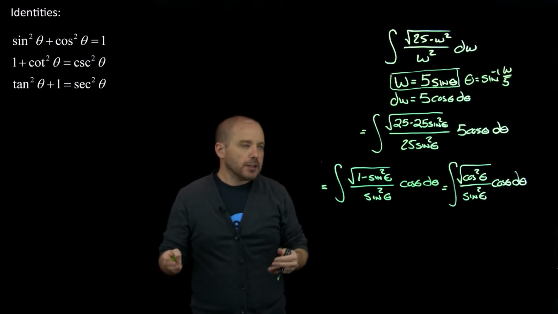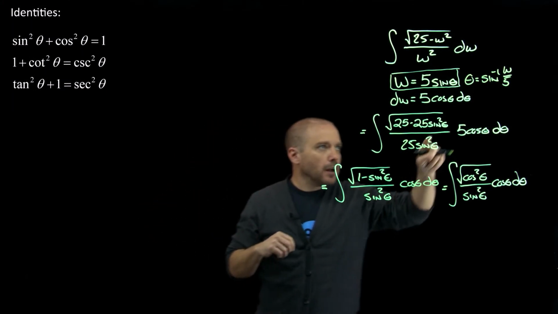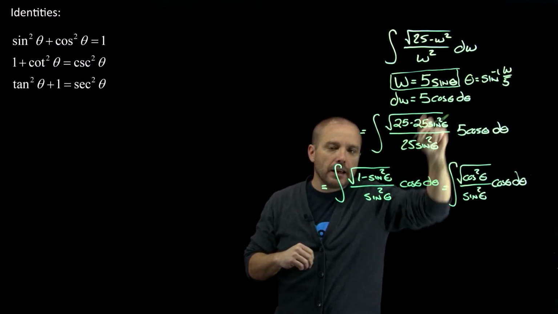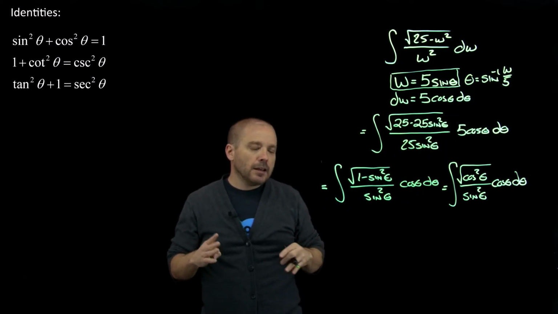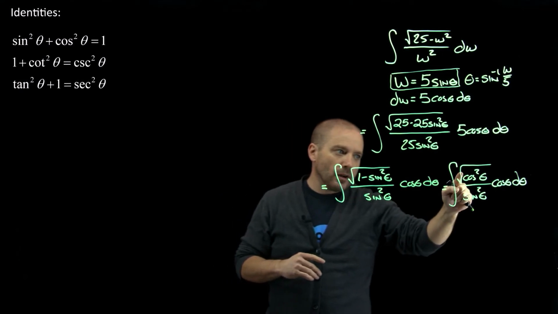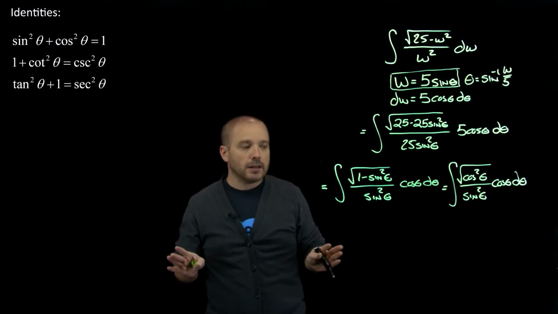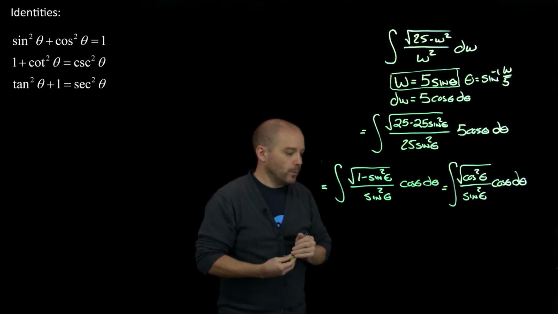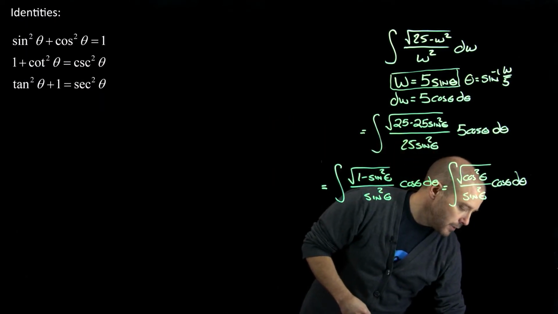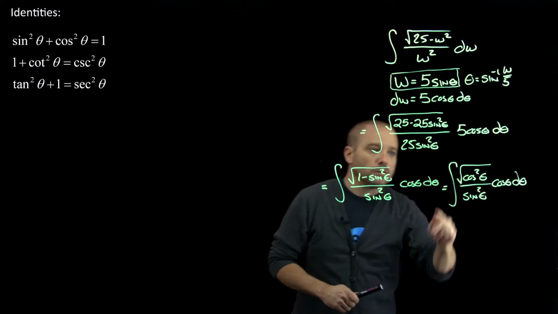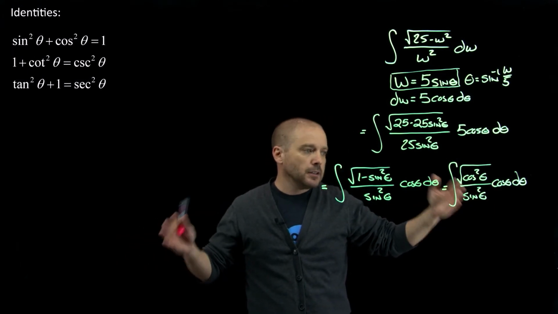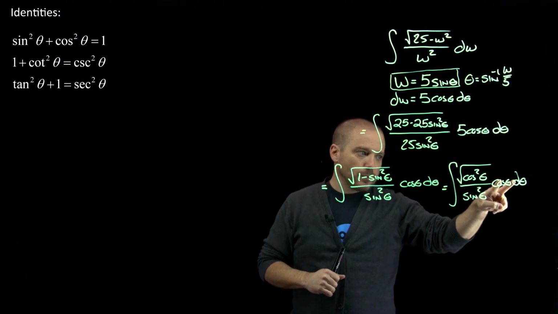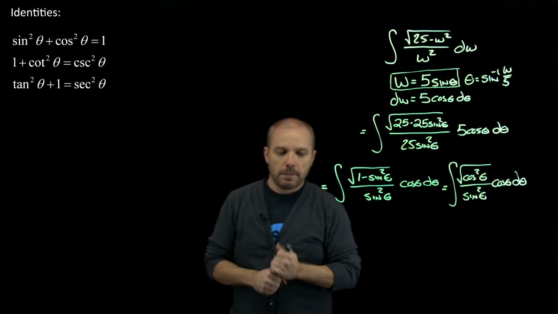And again, much like the tangent situation, because we have to limit the domain in order to invert that function, theta can only be certain things. And those certain values happen to just be when cosine's not negative. So again, we get lucky, and we don't have to worry about the absolute value. So the square root of the square will cancel off. Absolute value can go away. So we'll have cosine times cosine over sine squared.